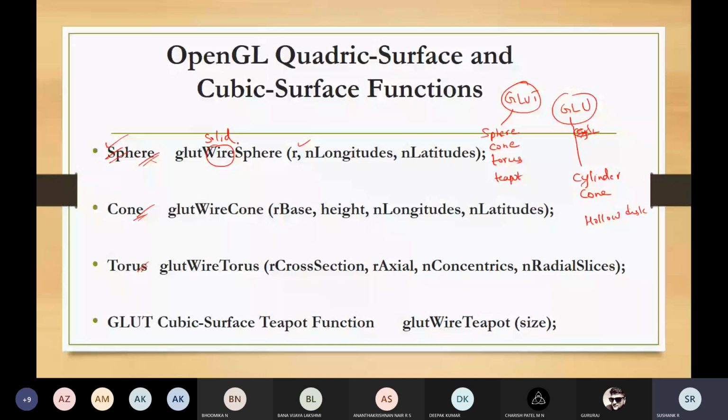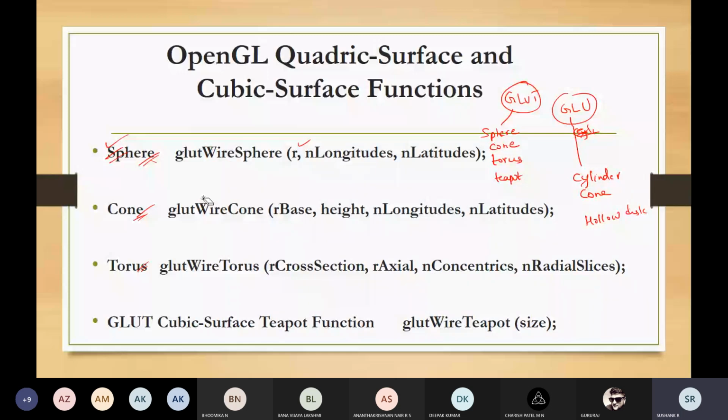The second one: if you want to display a cone, you can use glutWireCone or glutSolidCone. You can either use the wire method of display or the solid function, replacing wire with solid.